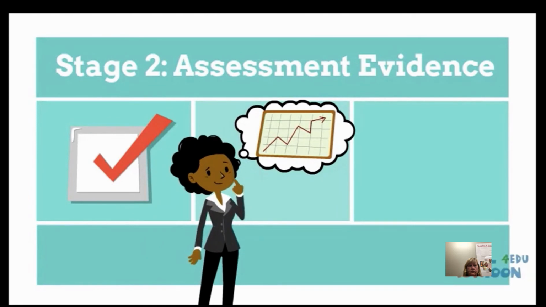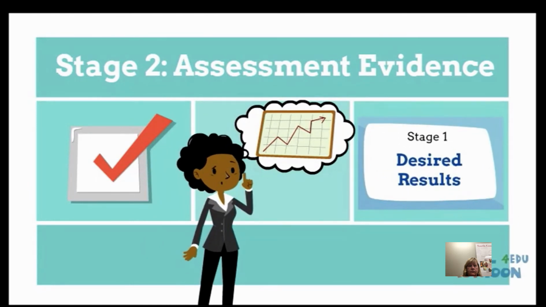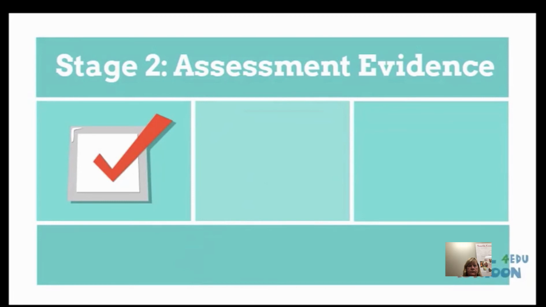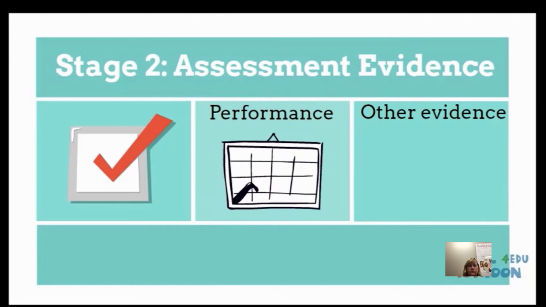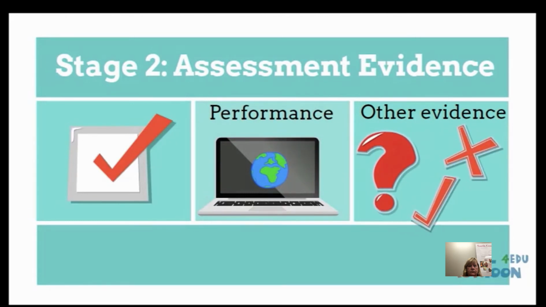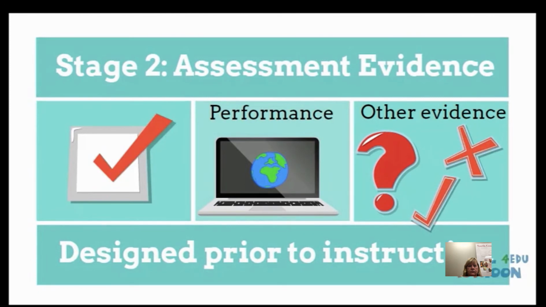It's important to note that the valid evidence selected should align with the desired results from Stage 1. Assessments are considered to be two broad types: performance tasks and other evidence. Performance tasks are designed using authentic scenarios and determine the application of learning to new ideas. Other assessment evidence is considered to be quizzes, tests, or observations, and also should be designed prior to instruction.